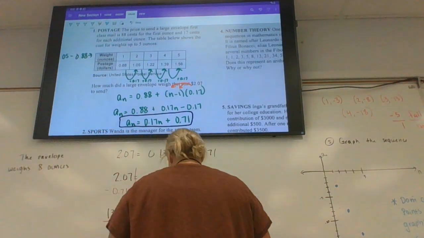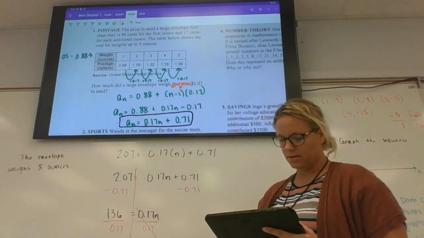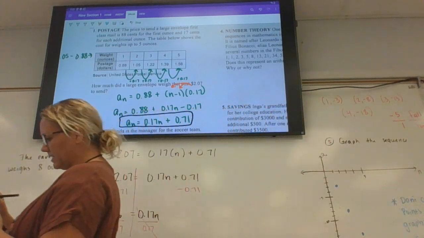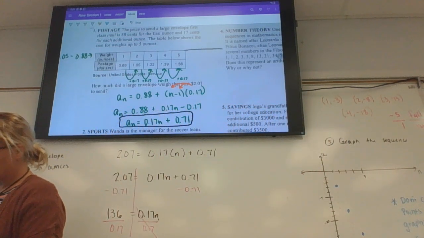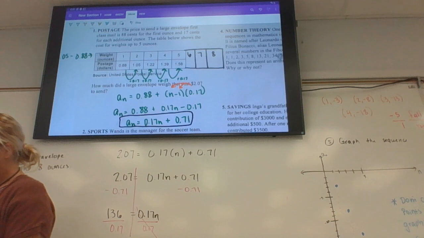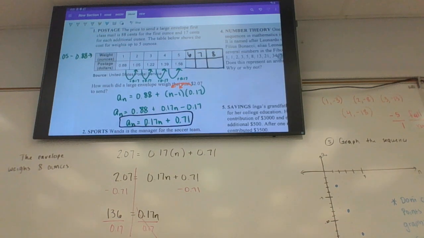Now, I'd like to test our equation by just adding 17 cents and continuing my table. You know, if I just follow the pattern, I should see this cost of 2.07.